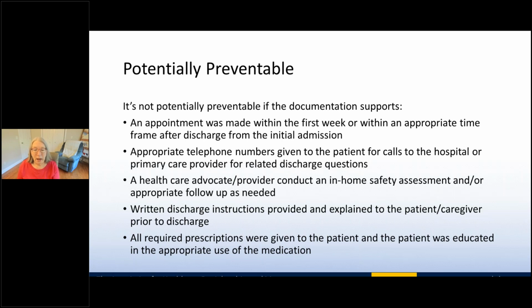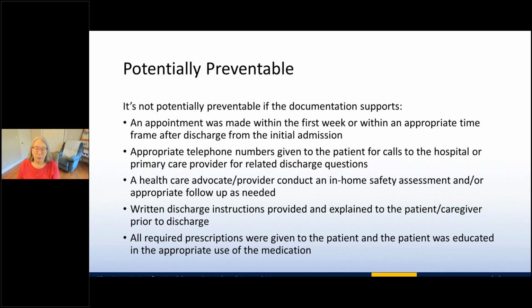Did a healthcare advocate or provider do an in-home safety assessment if that was appropriate prior to discharge? Were the written discharge instructions provided and explained to the patient or caregiver prior to their discharge? And did the patient receive all the required prescriptions? And was the patient or the patient's caregiver educated on appropriate use of the medication?